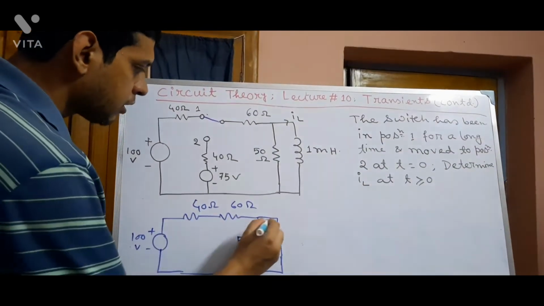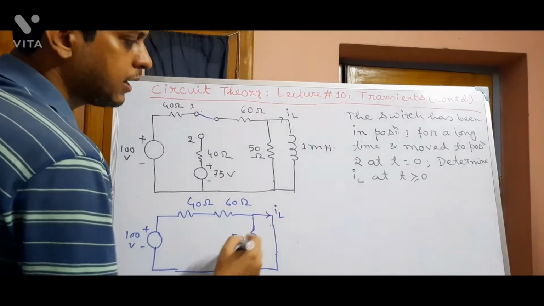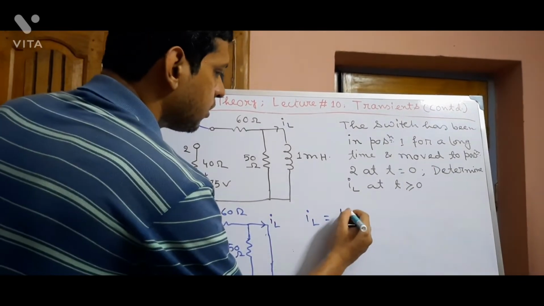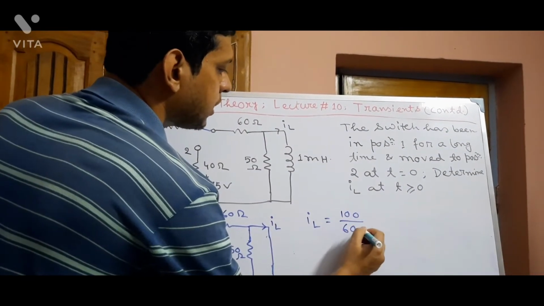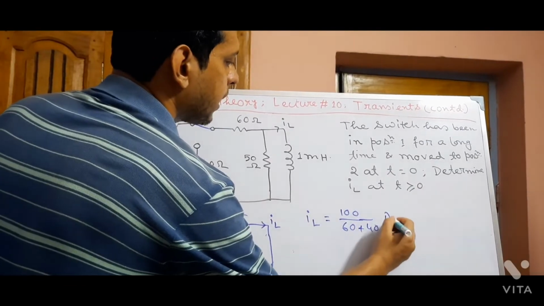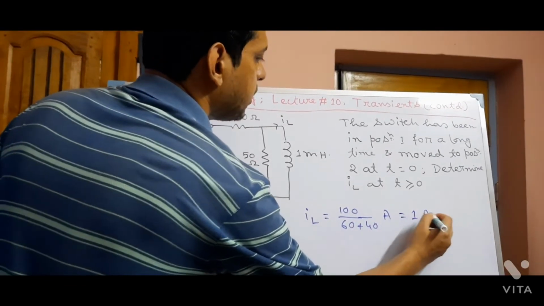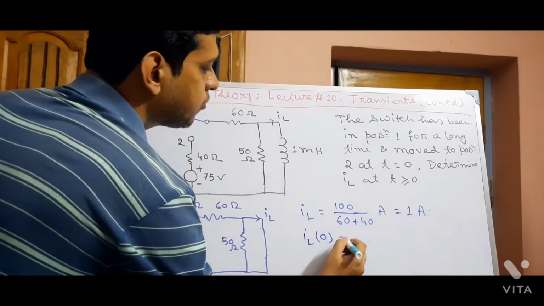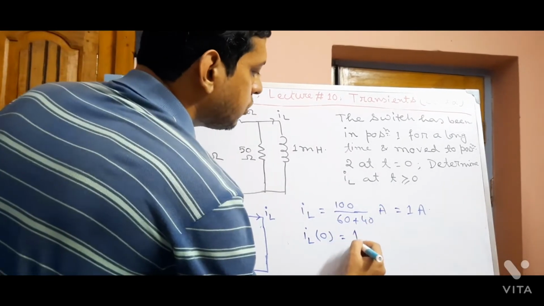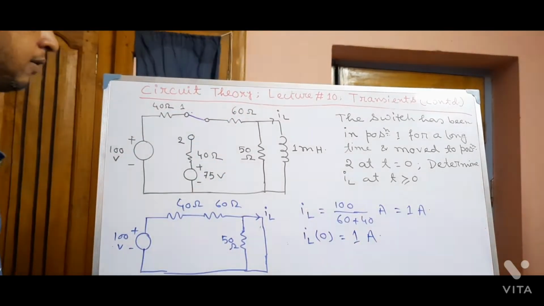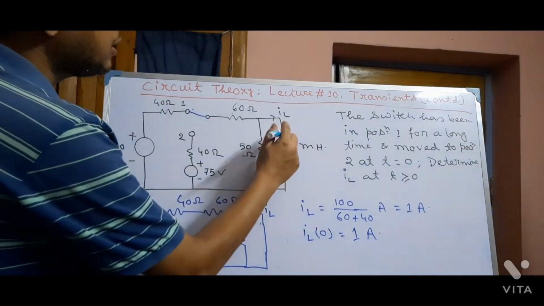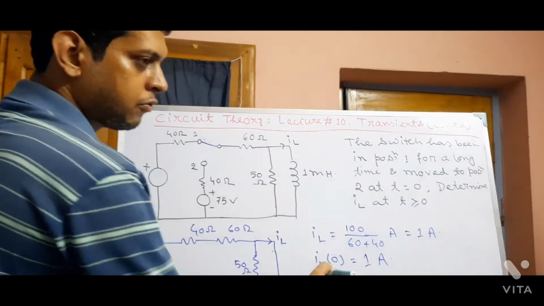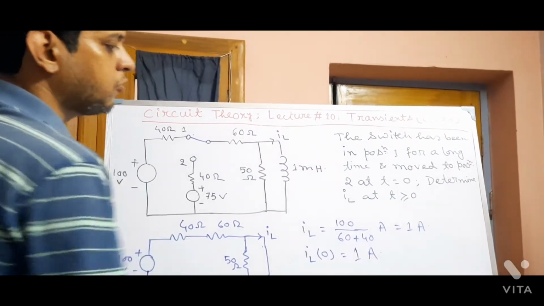Therefore, the current through this inductor IL will be 100 by 60 plus 40 ampere, that is 1 ampere. Now, this is the current at t equal to 0. So, IL(0) is equal to 1 ampere. So the inductor was not initially relaxed. There was an initial current through the inductor. The amount of current is 1 ampere.